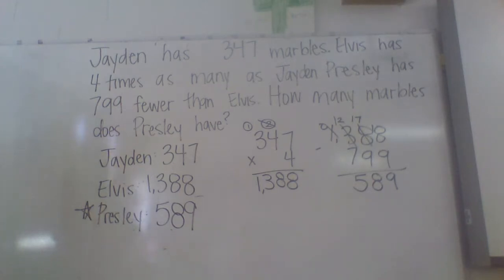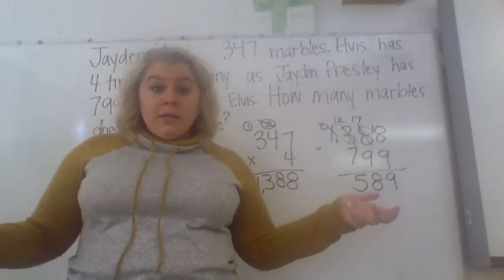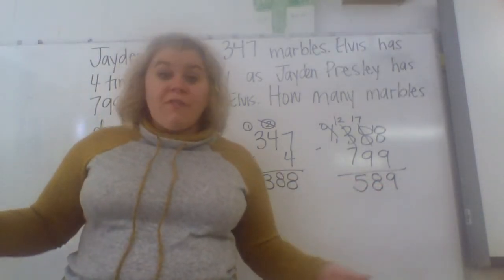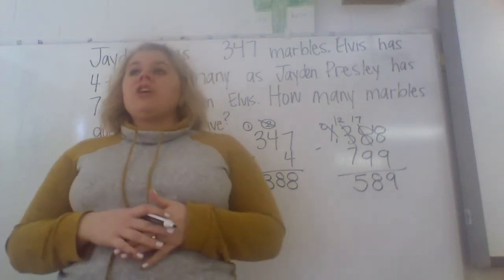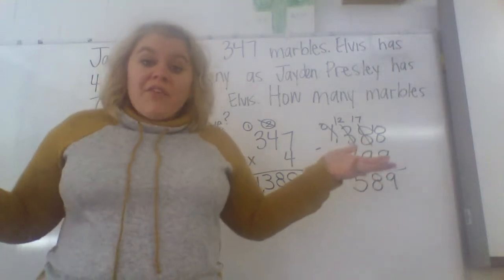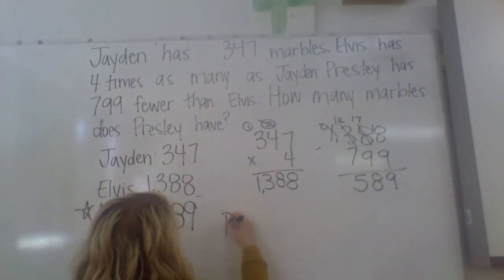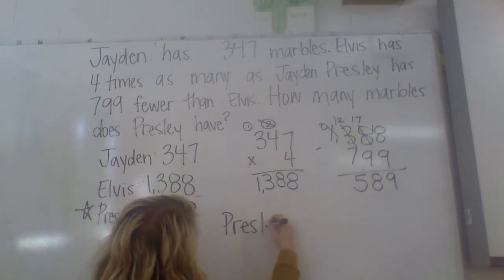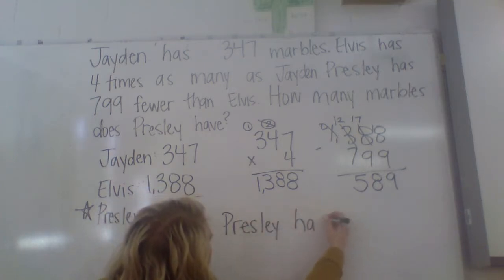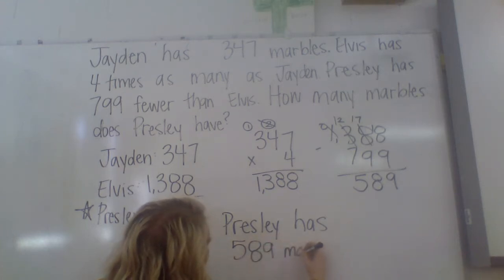Now with word problems, it is so super important to include your unit, because if I just say Presley has 589, 589 what? Does she have 589 pizza rolls? Does she have 589 pieces of lint? 589 what? So when you write your answer, it would be Presley has 589 marbles.